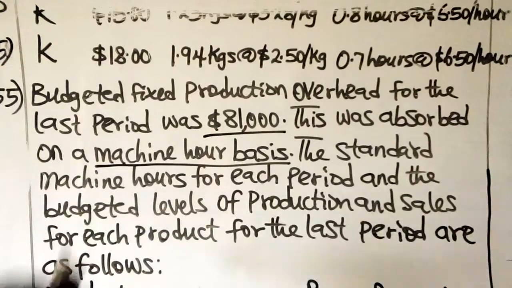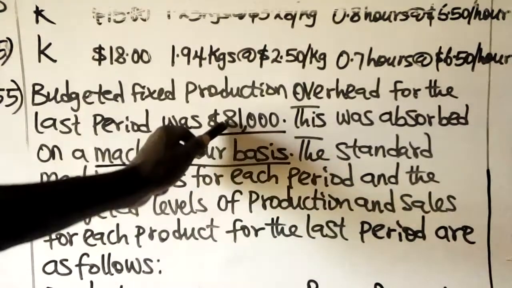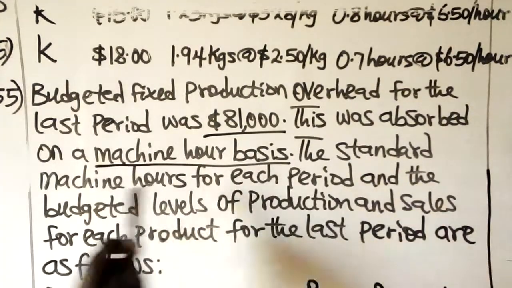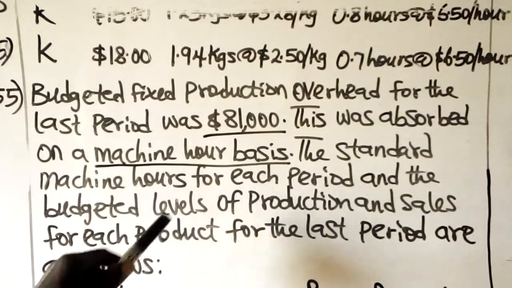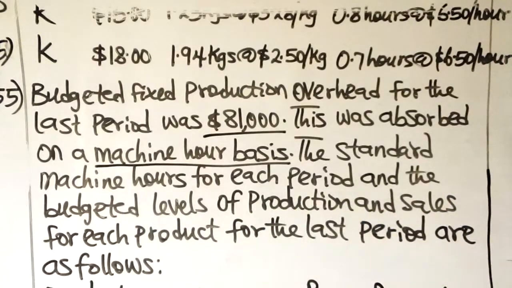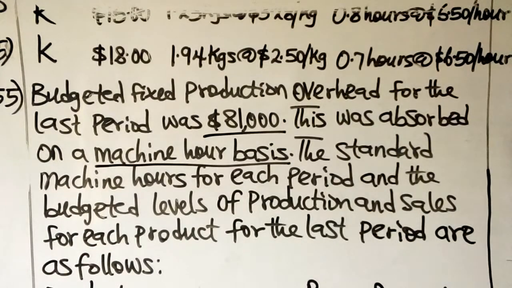Our level of activity will be machine hours. So overhead absorption rate will be budgeted fixed overheads over budgeted machine hours. This is the budgeted fixed overhead. Then what is our budgeted machine hour? The standard machine hours for each period and the budgeted levels of production and sales for each product for the last period are as follows.